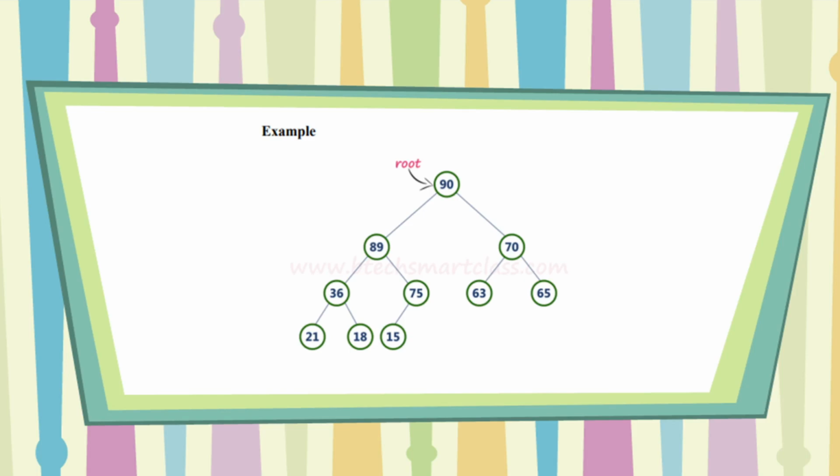Again see the node 89 with two children 36 and 75. These two are less than the parent. Here we are following the max heap property, that's why the parent is always greater than or equal to the child nodes. Similarly for 70, 63 and 65 are less than the parent. Similarly the remaining nodes, as we said, the last level or leaf nodes can be alone.